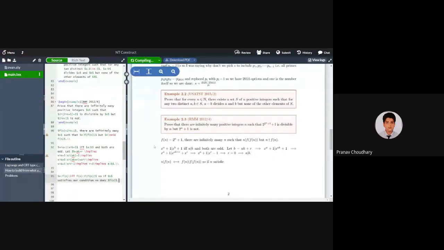Shouldn't n divide f of n? No, it says if and only if, right? So if n does not divide f of n, then f of n does not divide f of f of n. And if n divides f of n, if and only if f of n divides f of f of n. Right.